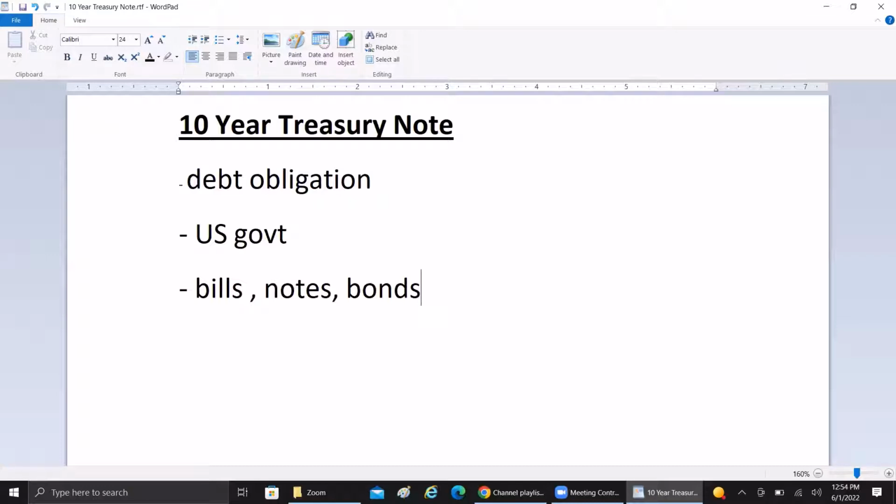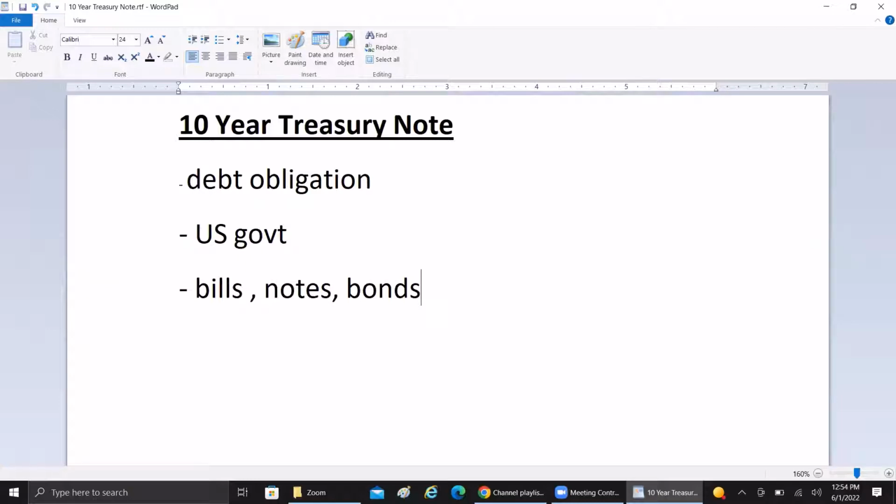Something with a maturity of less than a year is called a treasury bill. If it holds a tenure of 1 year to 10 years, it will be called a treasury note. A treasury bond is something that has a tenure of more than 10 years.